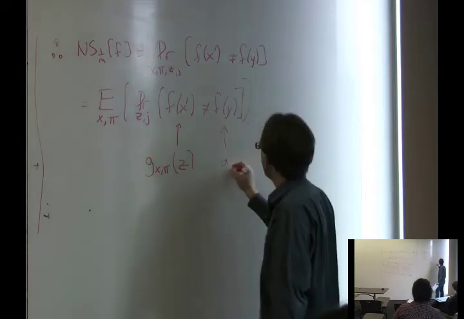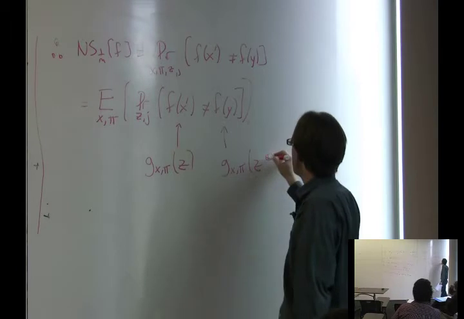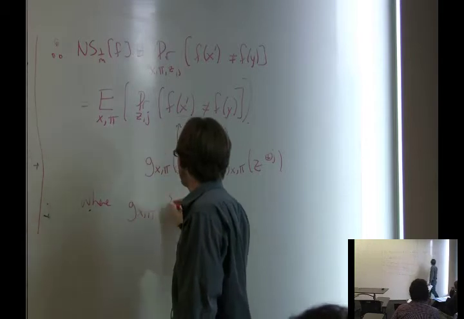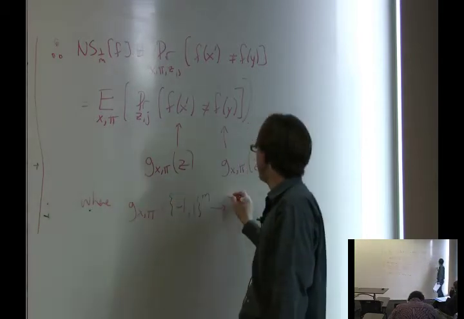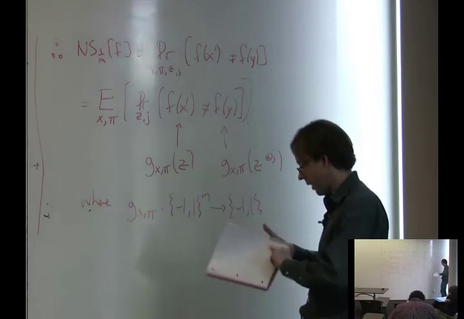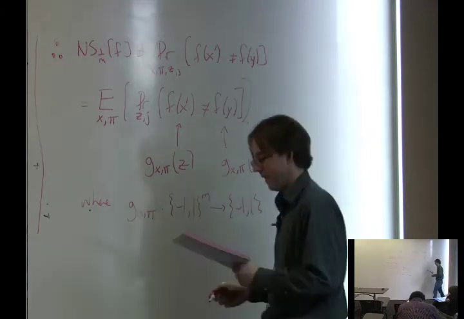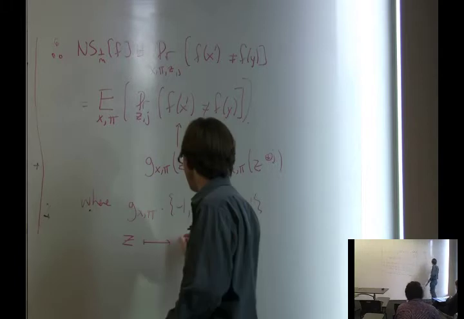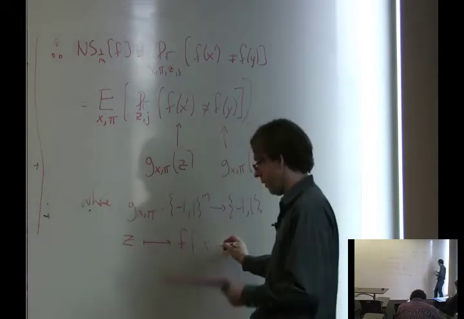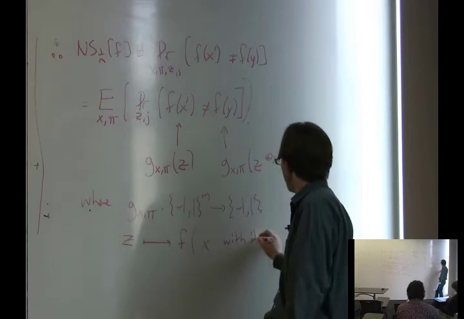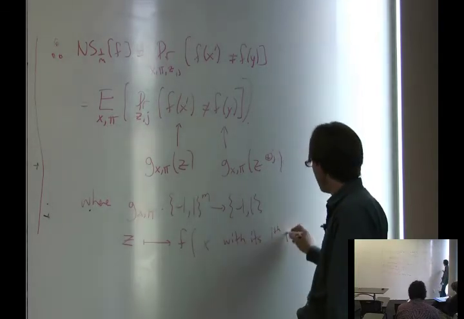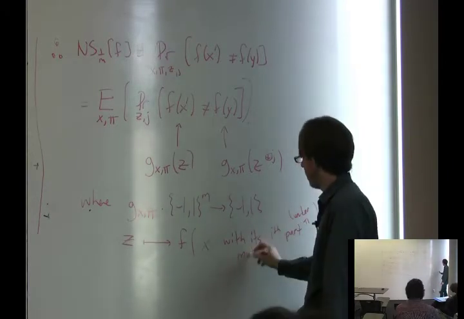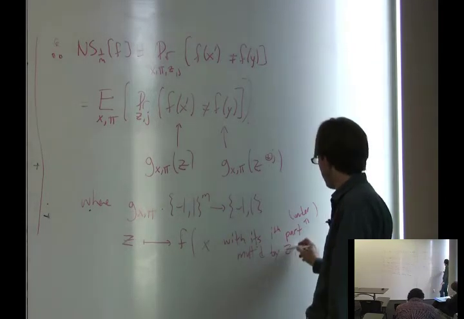And this is g sub x pi of z with the jth coordinate flipped, where g sub x pi is a function on m bits defined by, let me say, the map that maps z into f of x, with its ith part under pi multiplied by zi.